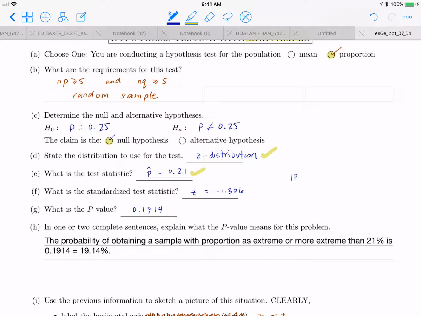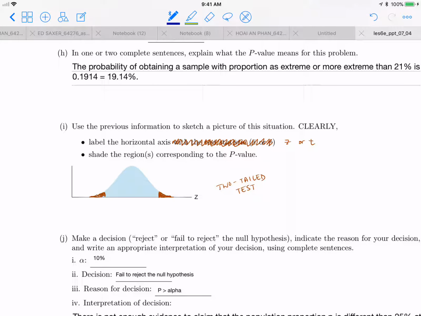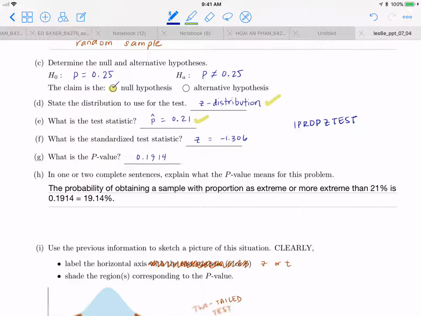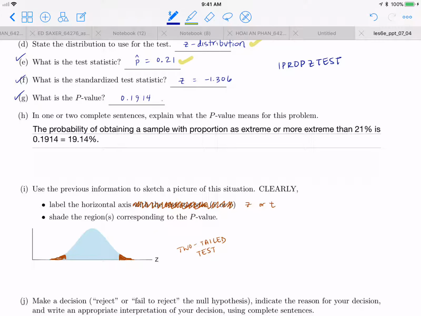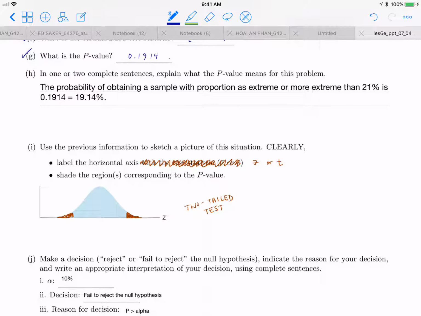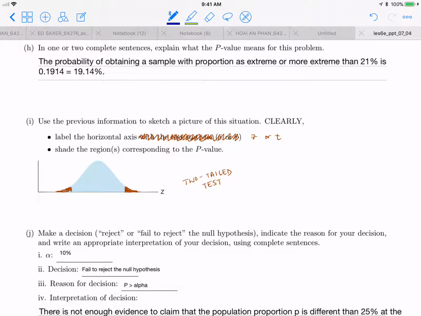Remember, you're going to be using one prop z test, right? And so when you finish entering in N and P, and you determine that it's going to be a two-tailed test, you get the output: your p-value, your test statistic, and your standardized test statistic. So again, I have the explanation of what the p-value means.